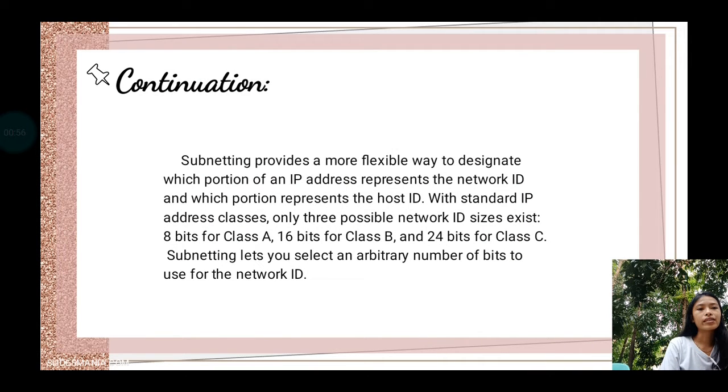Subnetting also provides a more flexible way to designate which portion of an IP address represents the network ID and which portion represents the host ID. With standard IP address classes, only 3 possible network ID sizes exist, which are 8 bits for Class A, 16 bits for Class B, and 24 bits for Class C. Subnetting lets you select an arbitrary number of bits to use for the network ID.